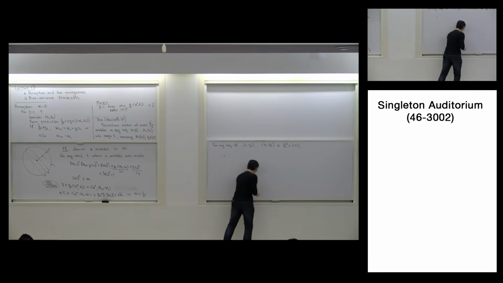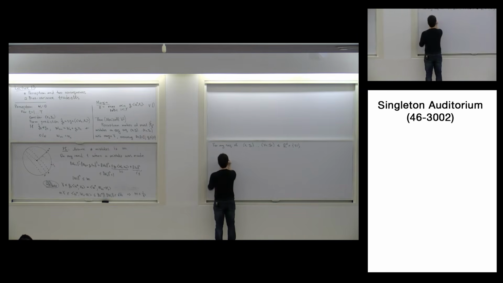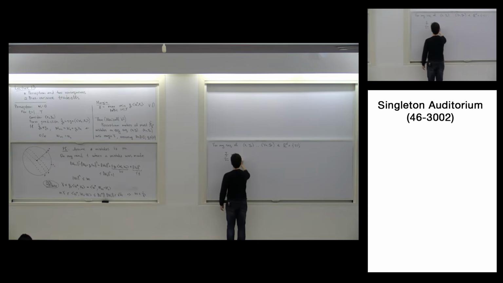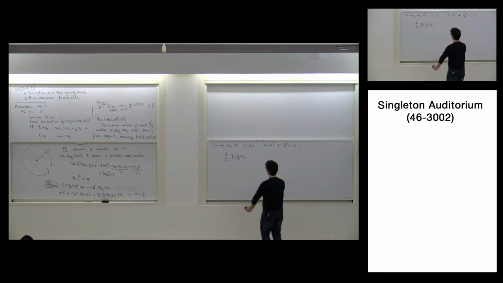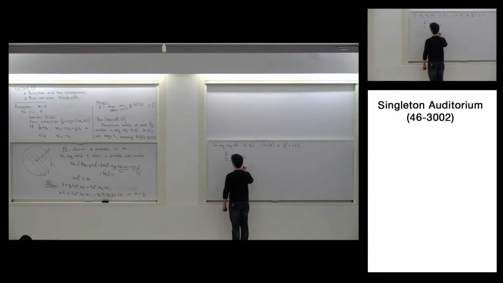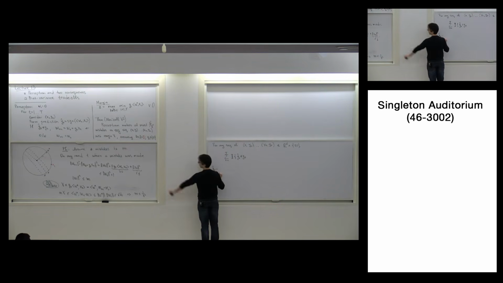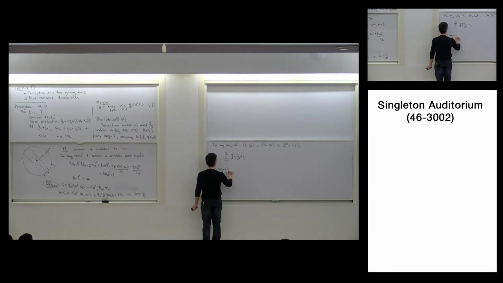The sum, t from 1 to capital T, of an indicator that there is a mistake, y hat t not equal to y_t, where y hat t, just to remind you, is defined as the sign of W_t times x_t.